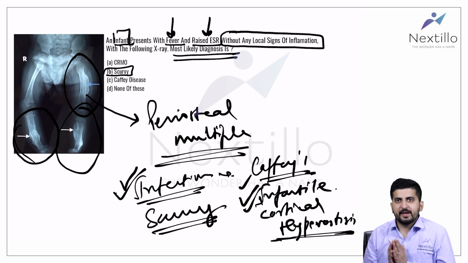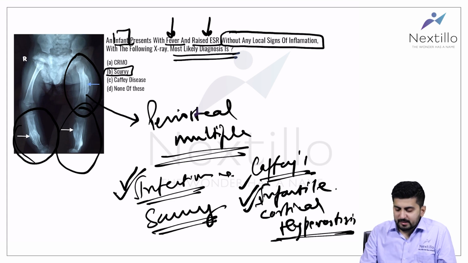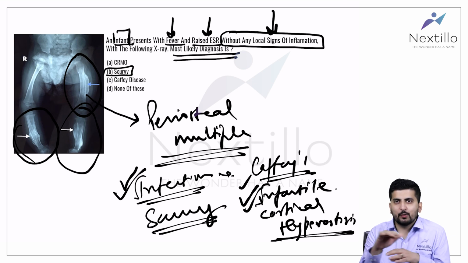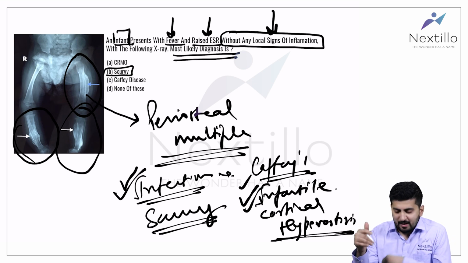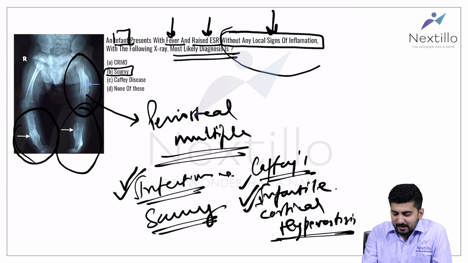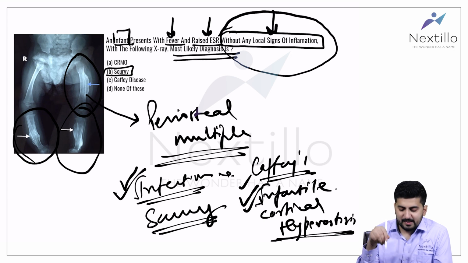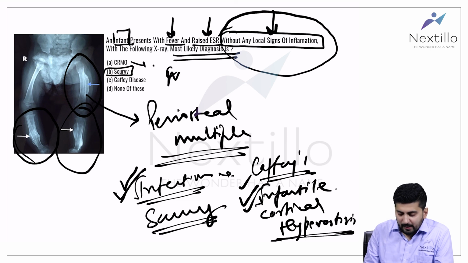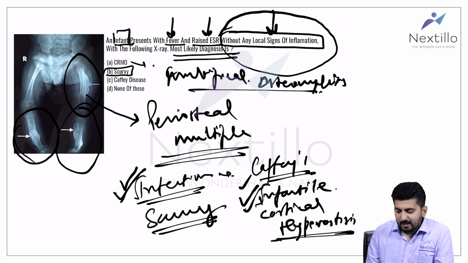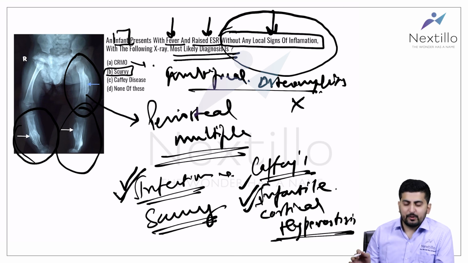However, what differentiates the two is this line which says that there are no local signs of inflammation. Now, if there are no local signs of inflammation, that means that the likelihood of a CRMO or multifocal osteomyelitis is unlikely in this scenario because there are no local signs of inflammation.